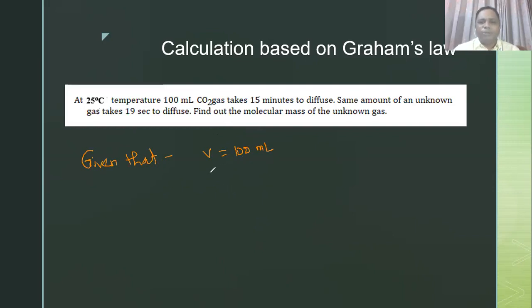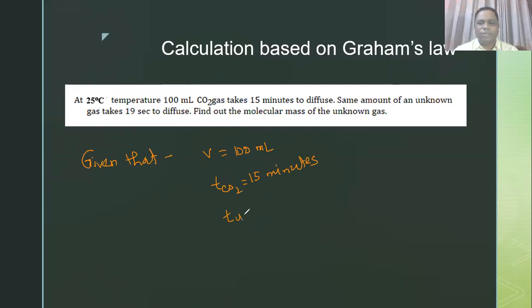At 25 degrees, carbon dioxide gas takes 15 minutes to diffuse, so time for carbon dioxide is 15 minutes, and the same amount of unknown gas takes 19 seconds to diffuse.